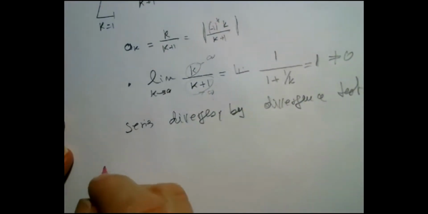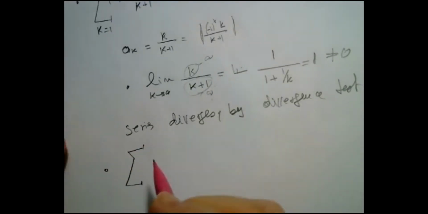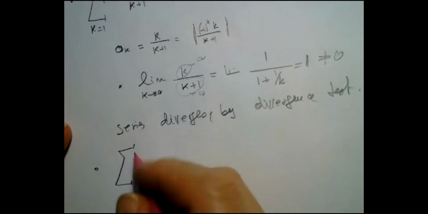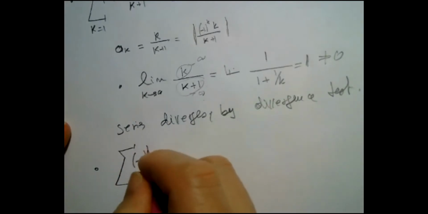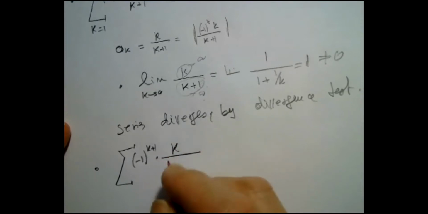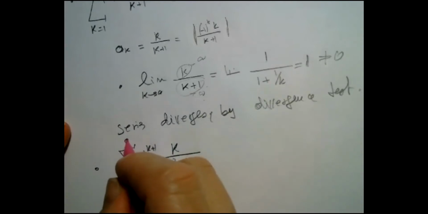My last example, before we go to why this test really works, which is going to be a very intuitive reasoning: suppose now my last one is minus 1 to the k plus 1, k over k squared plus 1, from 1 to infinity.